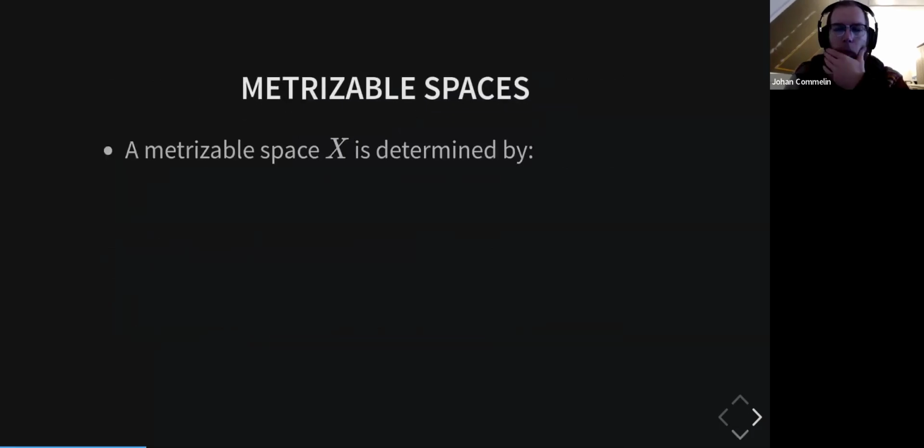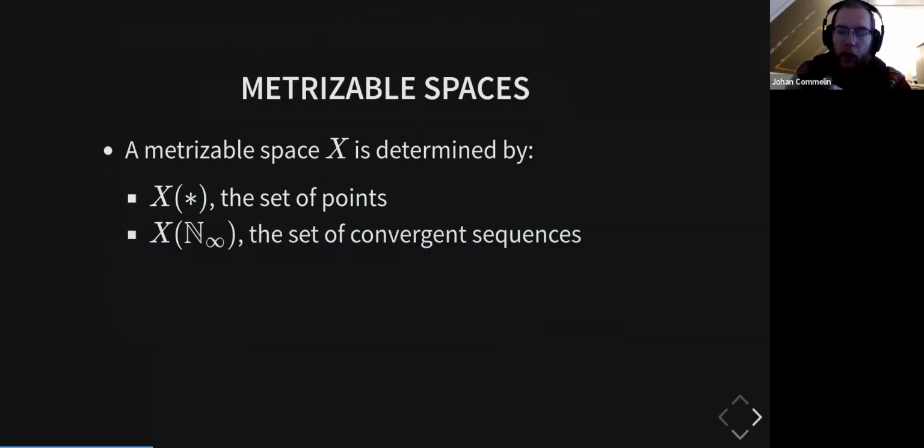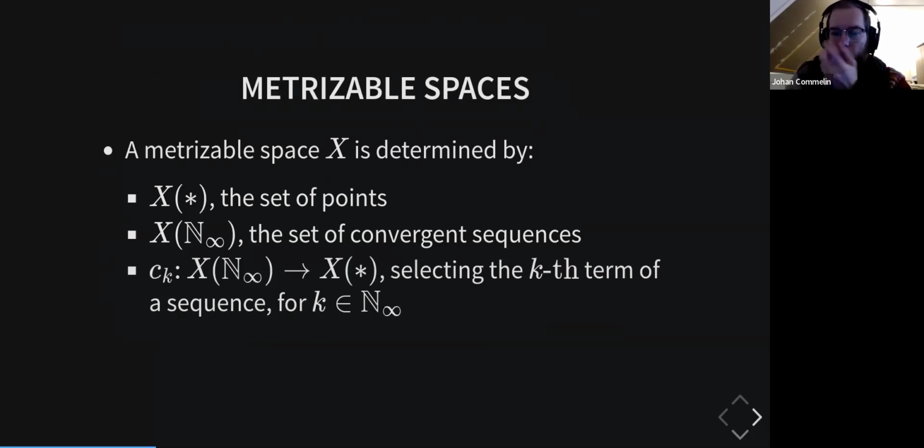And so if X is actually a metric space or at least metrizable, then X is completely determined by its set of points and the set of convergent sequences. Well, okay.